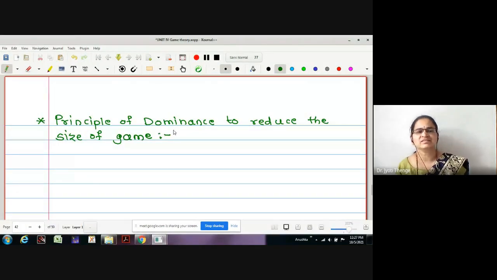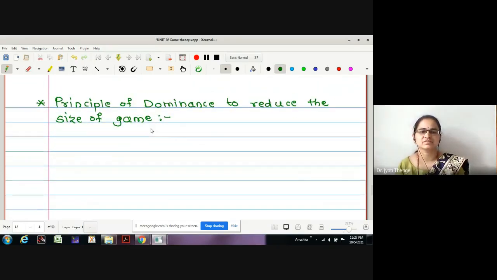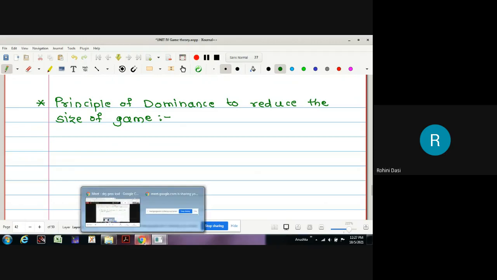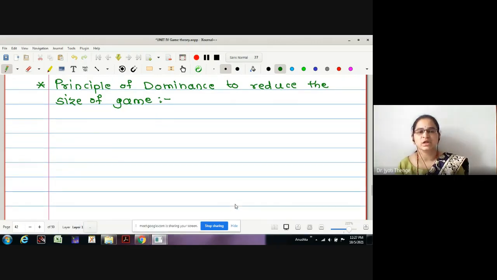Some priority. To suppress someone, na? If some students were dominating some others, they were suppressing the students, na? Right? This is called dominance.